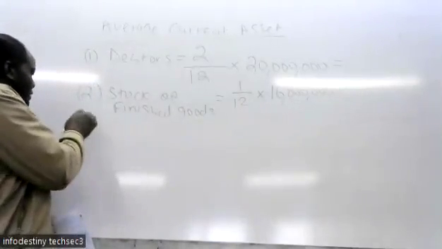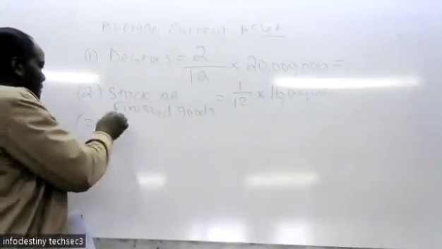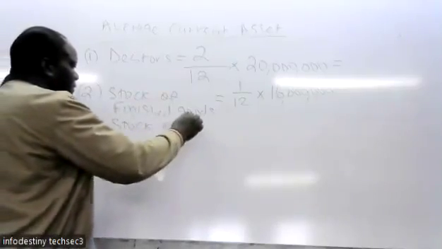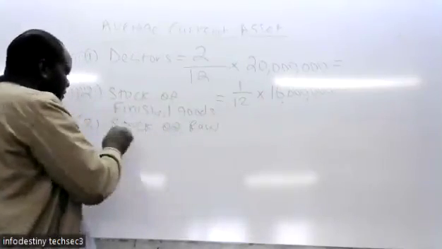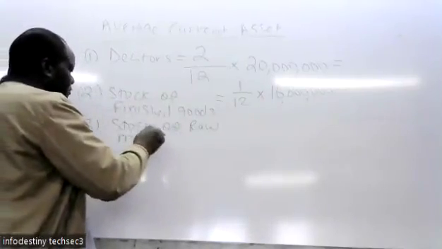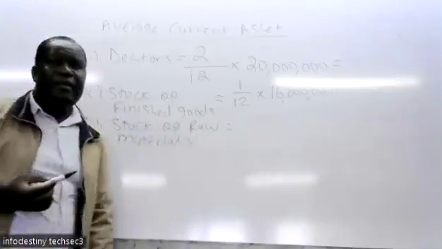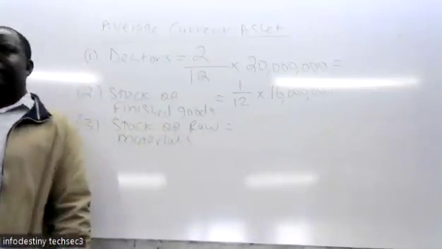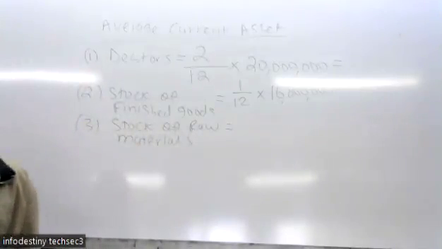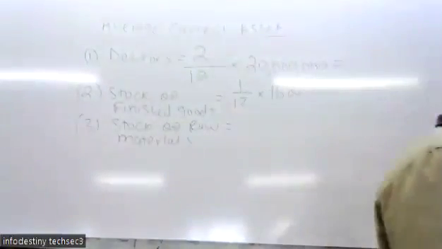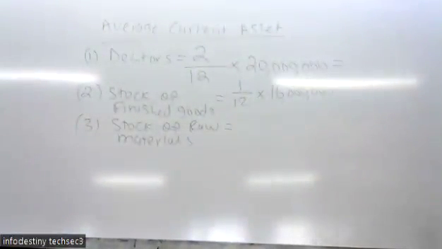Then number 3 should be the stock of the raw materials. To get the stock of the raw materials, you go to note number 1.